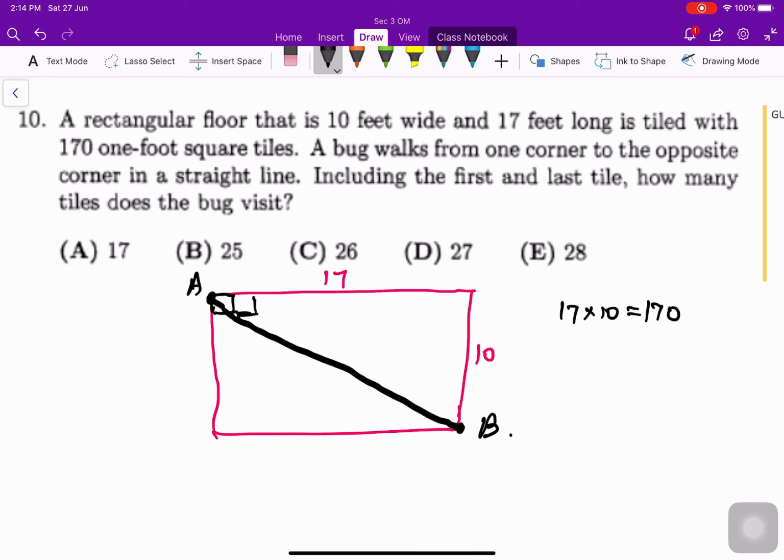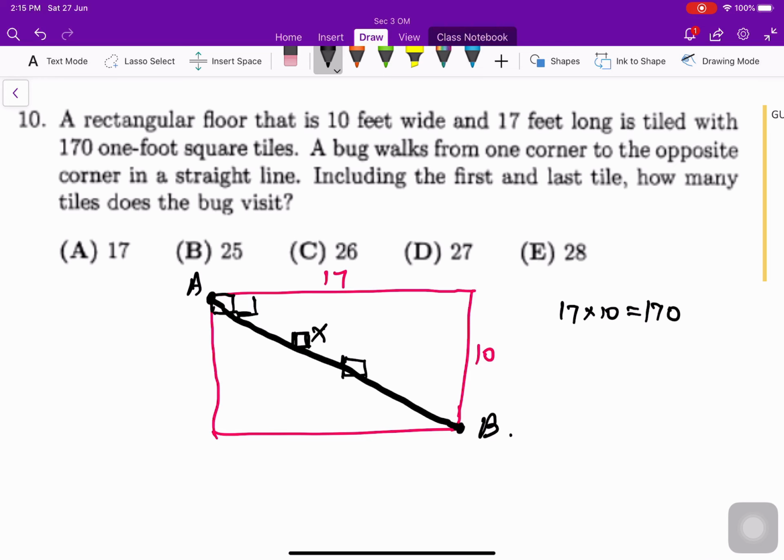can you see that as the bug goes from A to B in a straight line, the bug actually never touches the corner of a square? That means the bug will never touch the corner of a 1 foot square. It will always cut the square at some edges, but it will not just touch the corner of a small little square. Right?